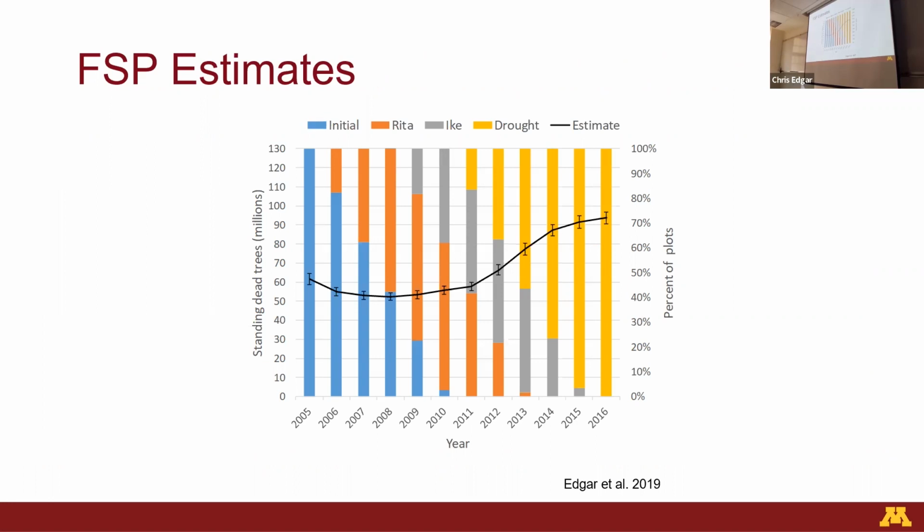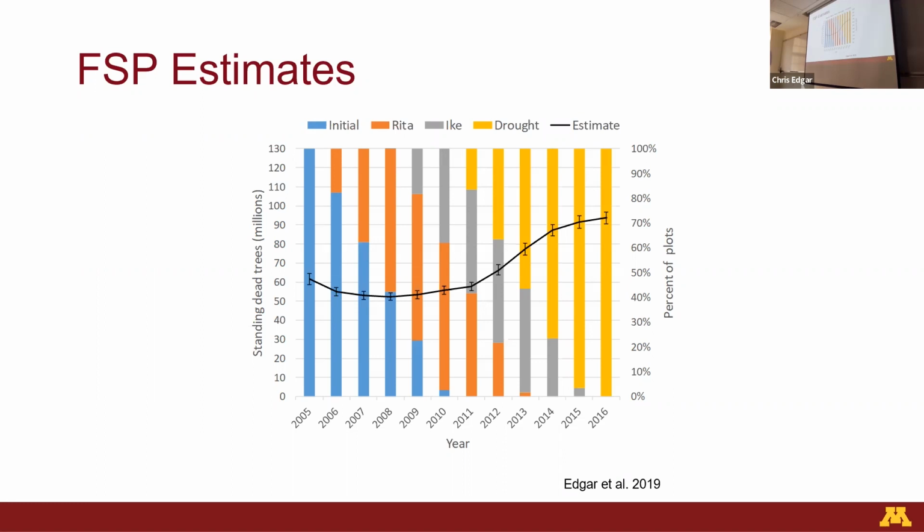So you can see what we call the 2005 estimate, which includes data from 2001 to 2005, about equal parts by year, is really all pre-disturbance data in terms of these three disturbances. And then we start to get some post-Rita data in the 2006 estimate and through the 2007. And by the 2008 estimate, we're getting pretty close to equal parts pre and post Rita. But we never get an estimate that's just Rita only.